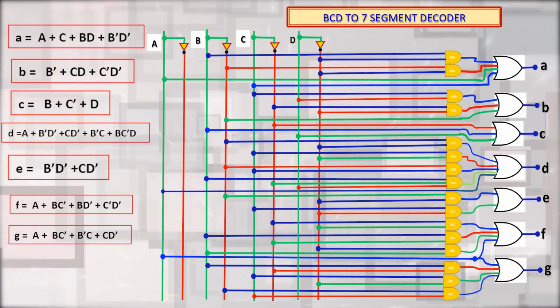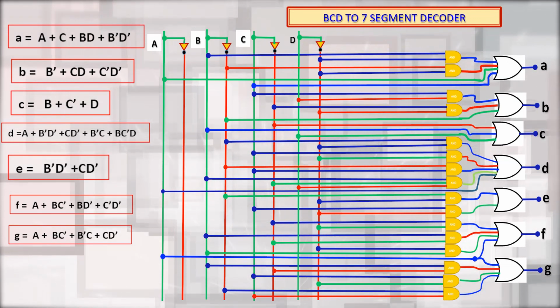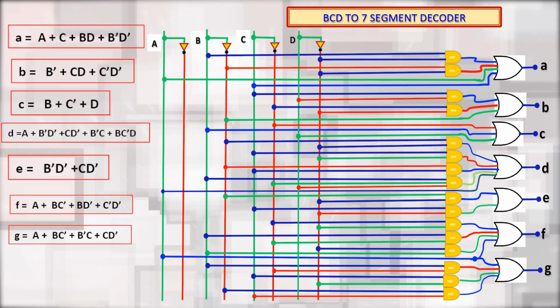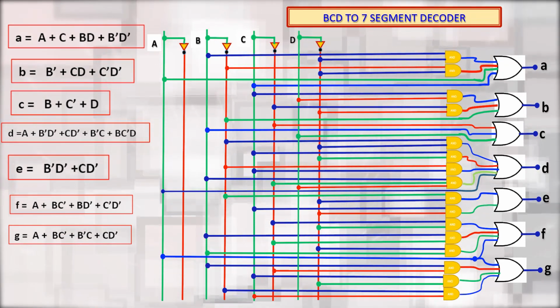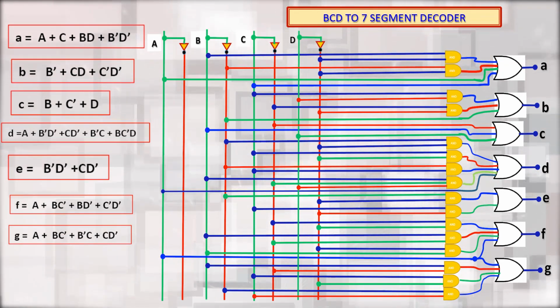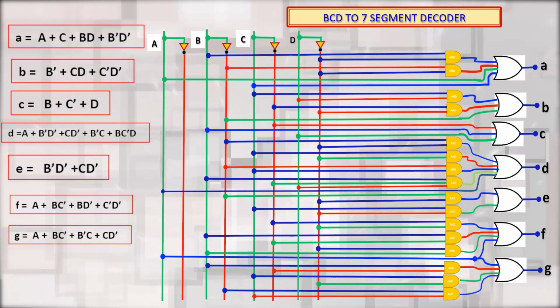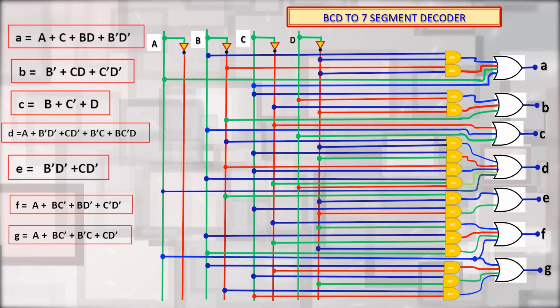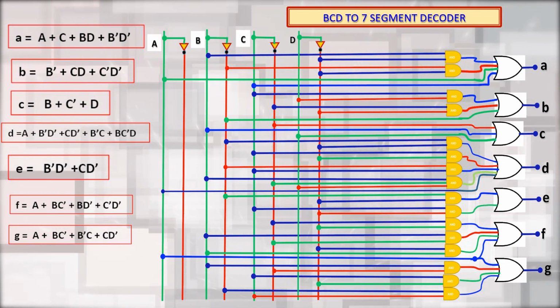Then inputs C and D bar are connected to an AND gate and the output of this AND gate is connected to the OR gate. So, this way we will be able to realize segment E.